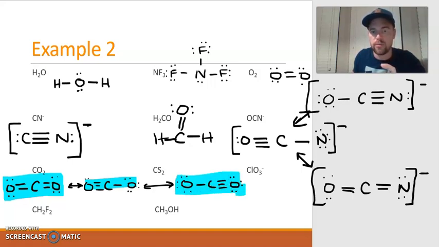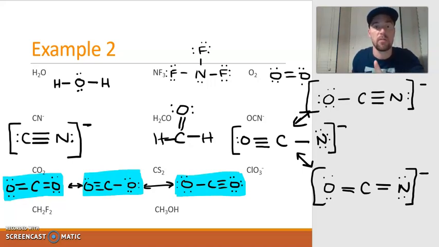So if you take a look at these three, you'll notice that all three of these are valid Lewis dot structures because, number one, they all have the same number of valence electrons, which is 16. And number two, all of the octets for every single element are satisfied. It does have the 8 valence electrons that it needs. So there are technically 3 resonance structures for this particular molecule.